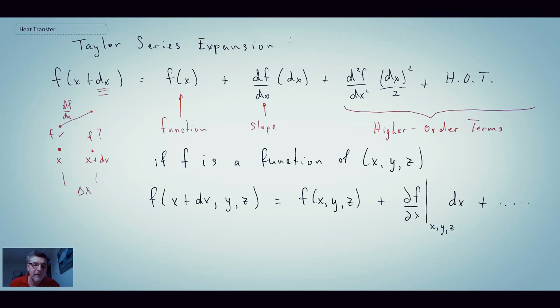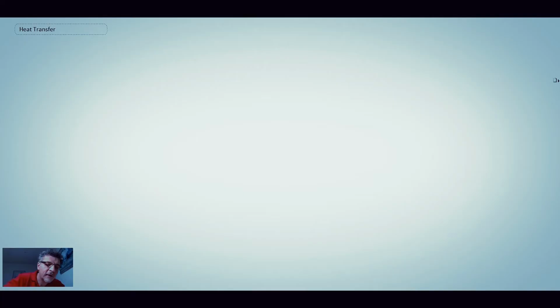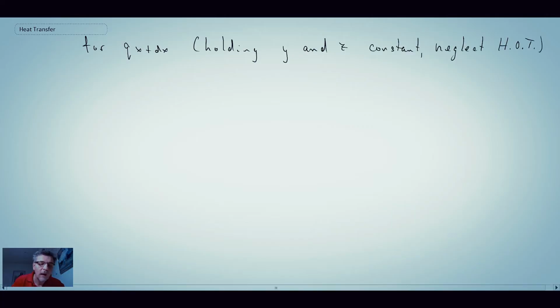So what we're going to do is take this and return back to our heat flux, and we'll consider the heat flux in the x direction to begin with. So we're going to look at qx plus dx. We're going to hold y and z constant, and we're going to neglect the higher order terms.